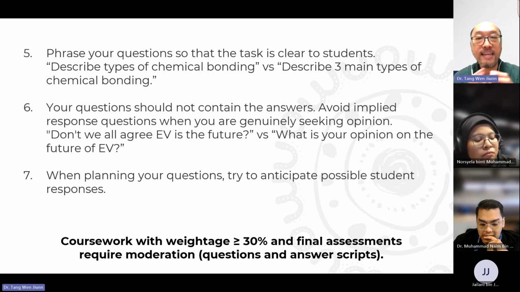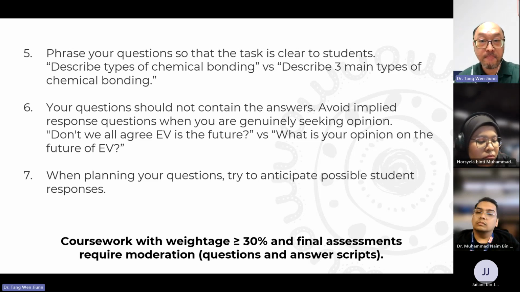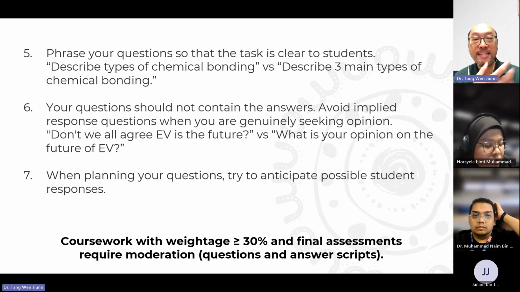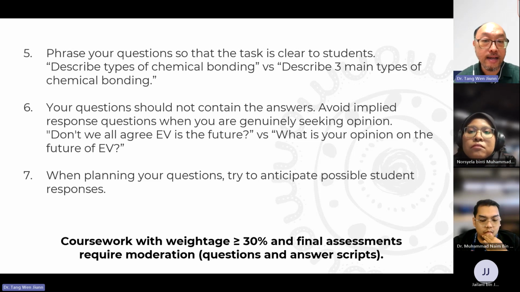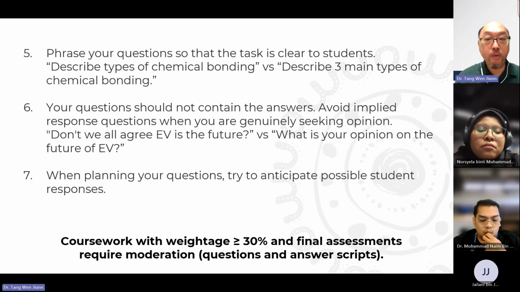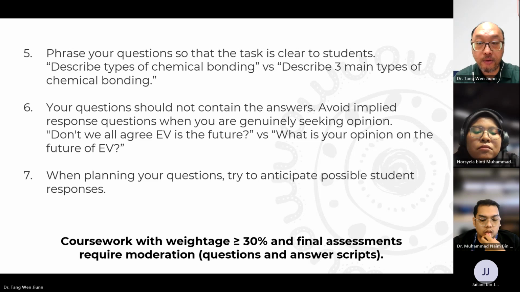But if the intention is to have more than one answer, then we have to put the expected answers in the marking scheme, so that later, when we are doing the second marking, our second markers will have those alternatives in the answer scheme. So when they do the second marking, at least there's less argument. So that's the 7th. Basically, these are 7 steps we can follow when we are preparing the question paper.